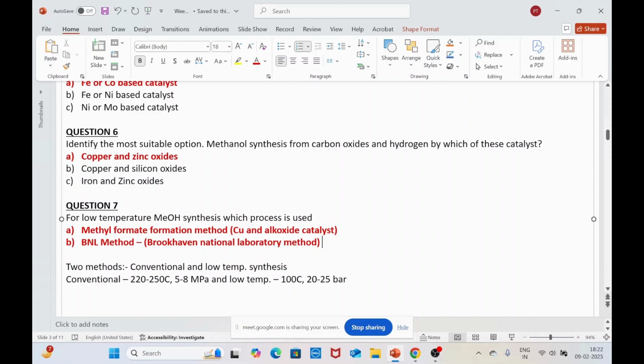In case of your BNL method, you will have nickel and its alkoxide catalyst. This will react in something called triglyme, which is nothing but triethylene glycol dimethyl ether. So through these two methods, you will be able to generate methanol at a low temperature.